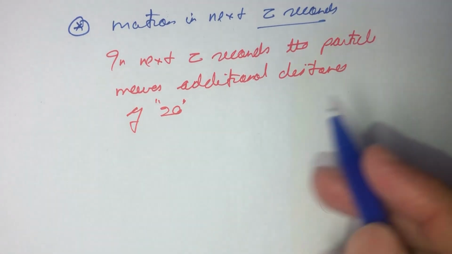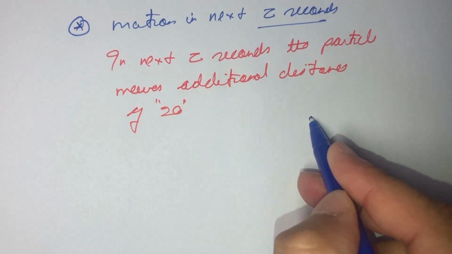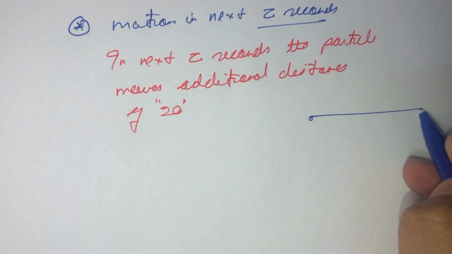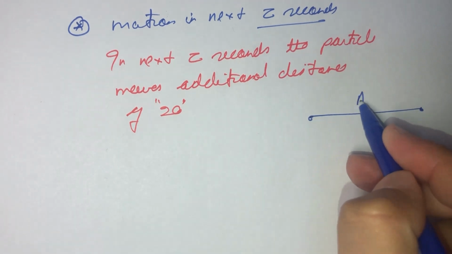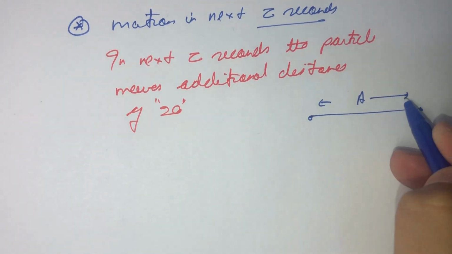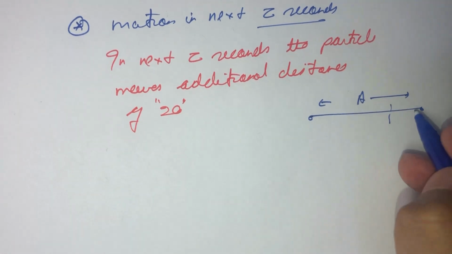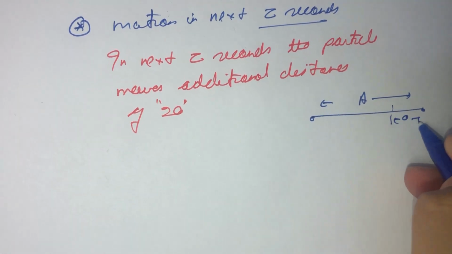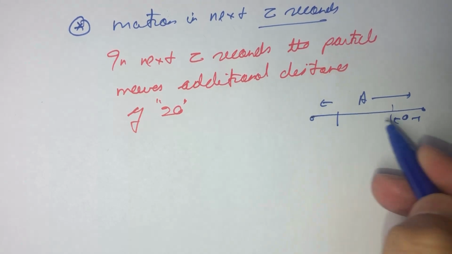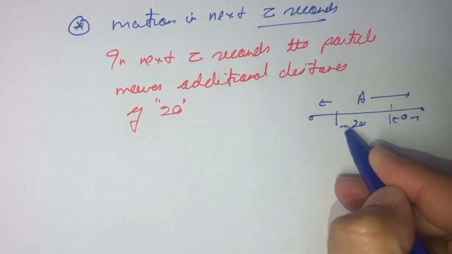So if this is the mean position and this is the extreme position, in the first tau seconds it travels a distance a, and in the next tau seconds it travels a distance of 2a.